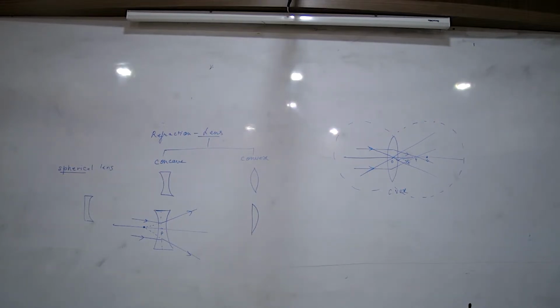What is the image? Dash is the image of dash. So which is the image? You have got this one. O dash P dash will be the image of P and O. That's it. See here, this is the object, and this is the image. So this is the image of this object. The dash goes above, not below.